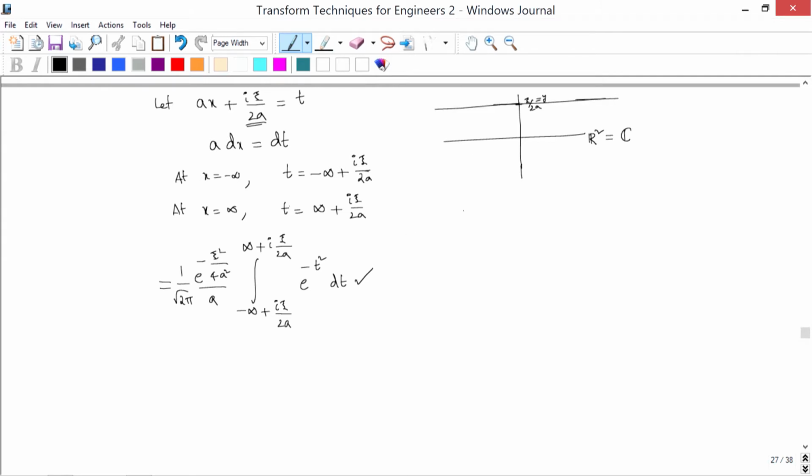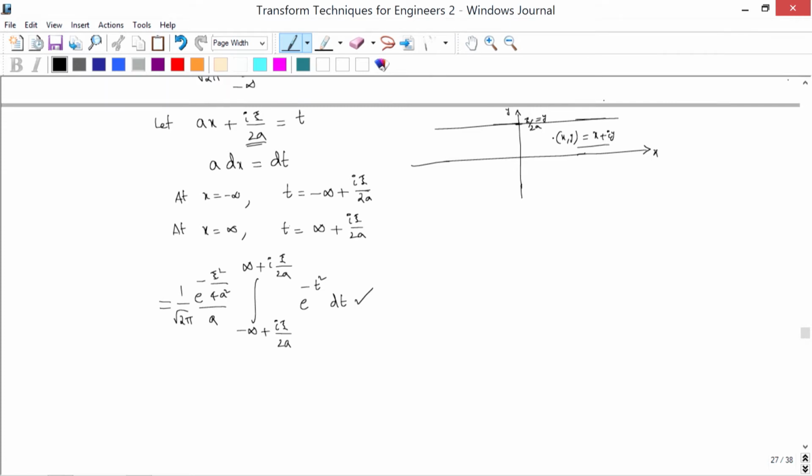To get this integral, this is your x axis and this is your y axis, okay. Every point is like (x, y), which is actually x plus i y, and you can identify it like that in the plane.